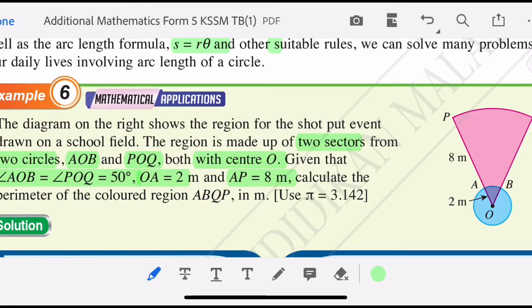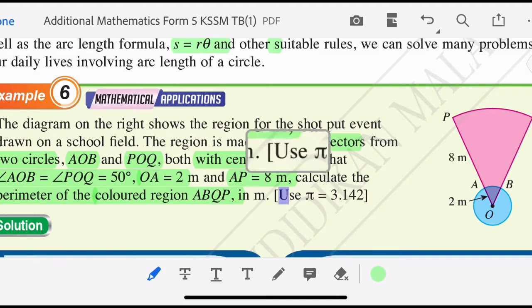Then the instruction is to calculate the perimeter of the colored region ABQP. You have to use pi given, pi is 3.142.